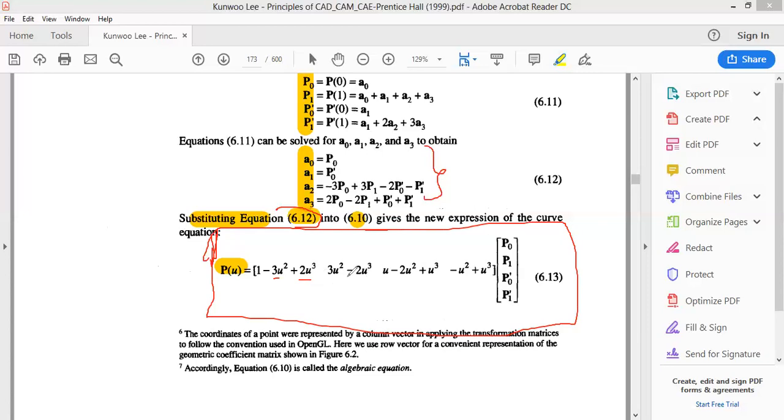Then the next one is going to be 3 times u square minus 2 times u cube, and then it's going to be for u minus 2u square plus u cube, and last one, sorry, minus u square plus u cube, because we have totally p naught, p1, p naught dash, and p1 dash.